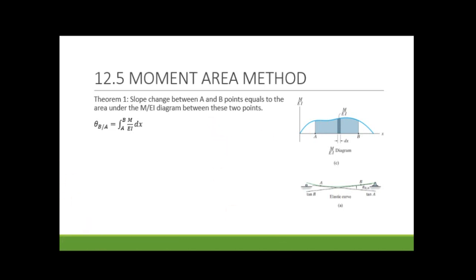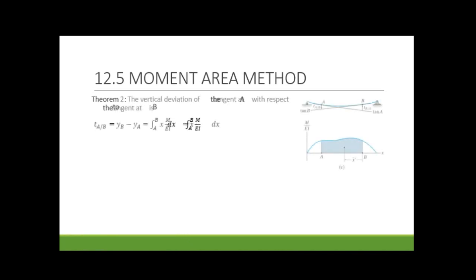In the second theorem, after obtaining the area, if we want to multiply by x, if we take the integral of M over EI times x, it is equal to the area times x prime. What does it mean?